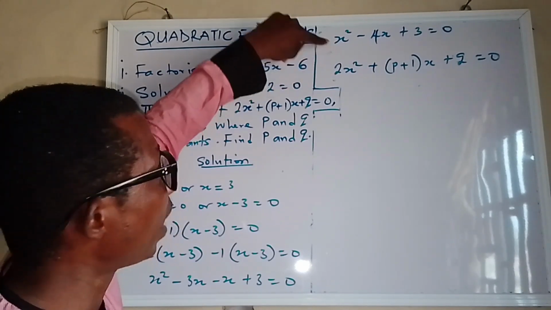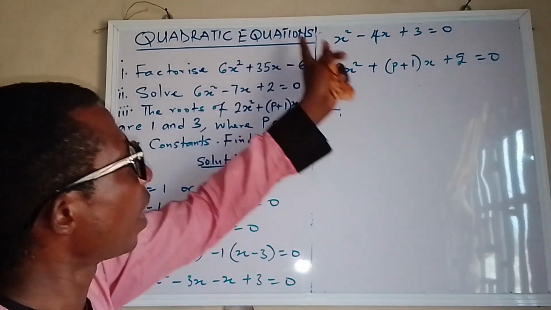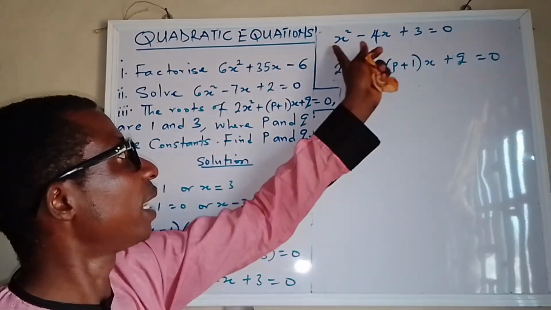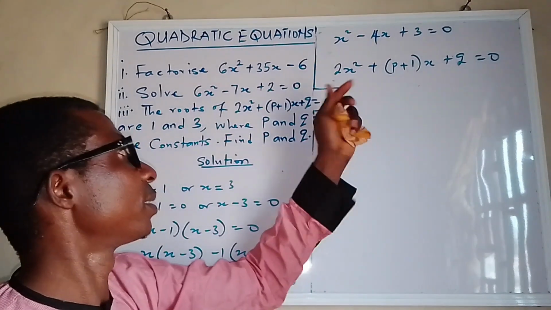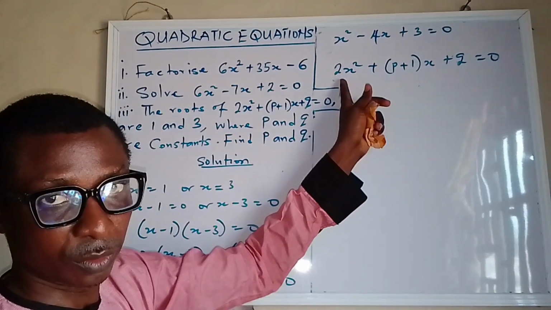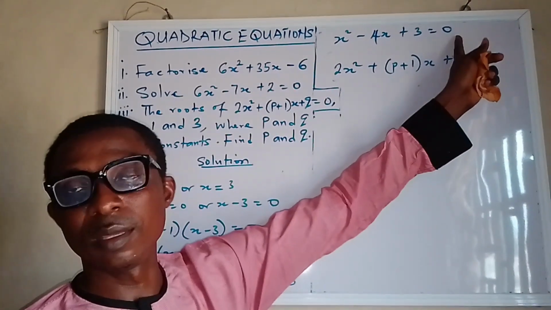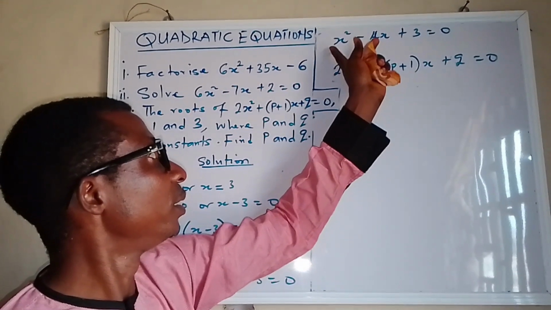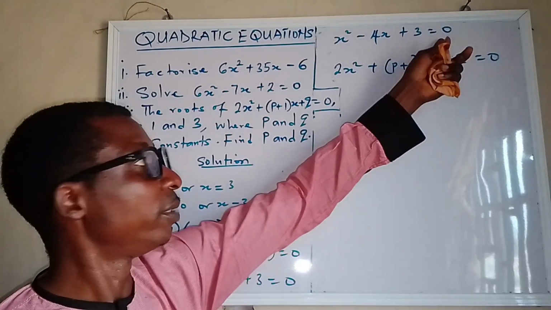The one here is 2, here is 1. So I need to adjust this, or I adjust this. So let's adjust this one in such a way that it's going to have a coefficient of 2. So I will multiply everything by 2. That doesn't change that this quadratic equation is still valid.